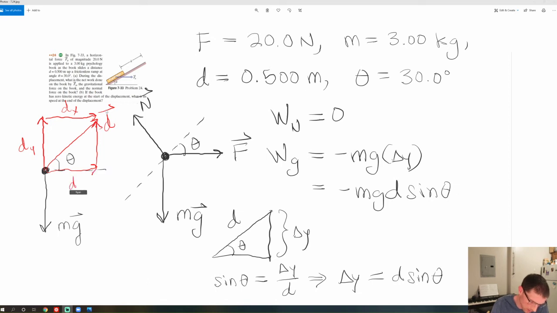So this is d_x and this is d_y. I guess I should put arrows over these if I'm being careful. Now we see that the y component of d is just d sine theta.